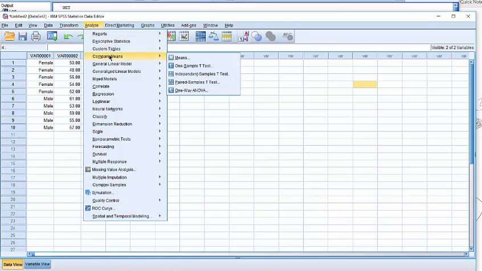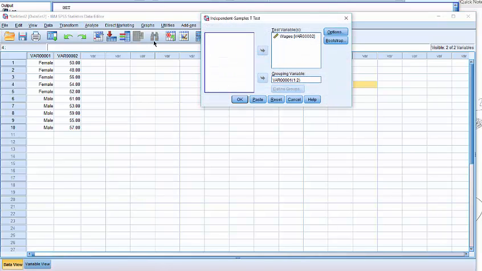Again, we want to compare the means between these 2 independent samples, and we want to test for the variable of wage, and we want our grouping variable to be gender, which is a 1 and a 2. So you can see I defined the groups as 1s and 2s, which is consistent with my coding.